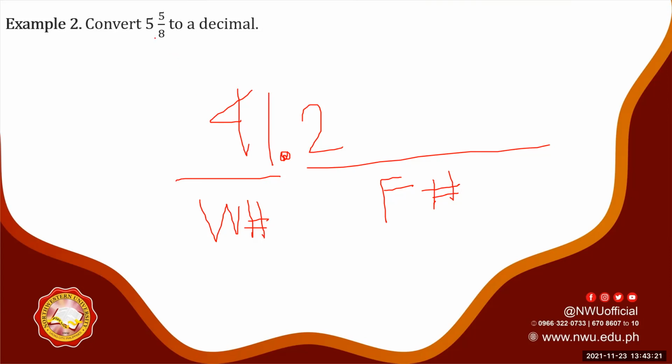That means if you have a whole number here, since this is already a mixed fraction, that will be the whole number part. And what we need to convert is the fractional part so that it will be rewritten as this part.